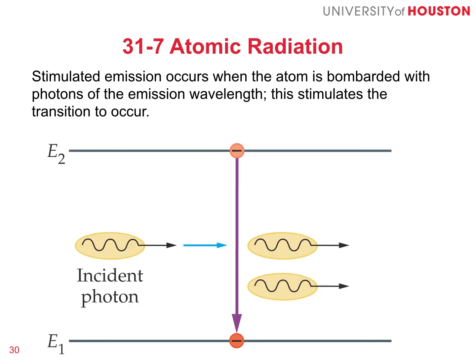Stimulated emission occurs when the atom is bombarded with photons of the emission wavelength, and this stimulates the transition to occur. We have an example here where we have an incident photon, and it stimulates the electron to drop from a higher energy to a lower energy, and the electron will emit a photon of the same wavelength as a result.